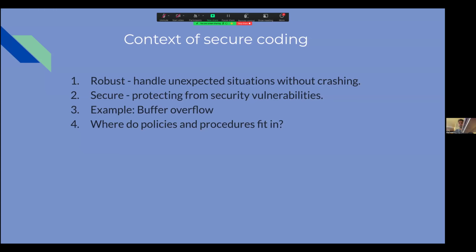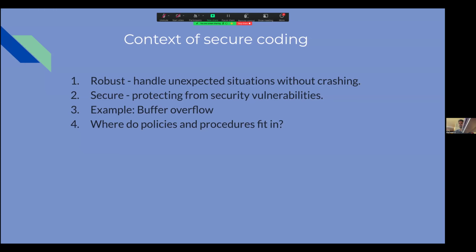So how does this all fit together? This all looks like a theoretical overview, but how does it all fit together, right? I can give you a small analogy. In a restaurant scenario, robustness basically means, can the kitchen handle a strange request?